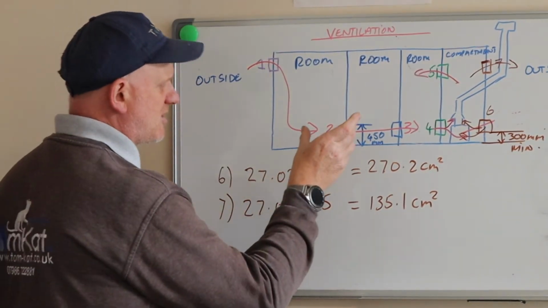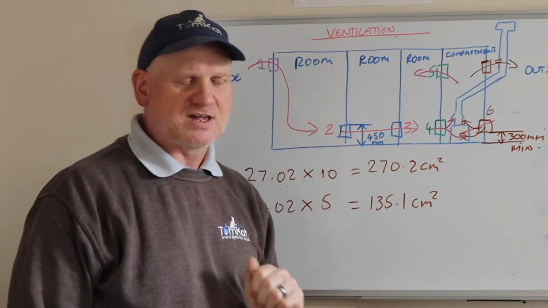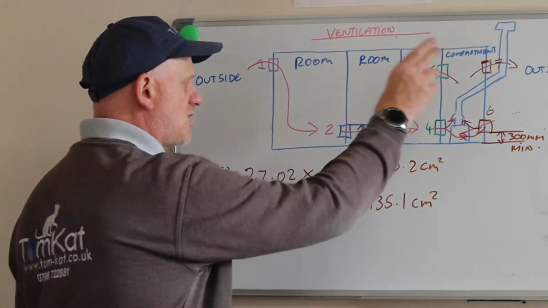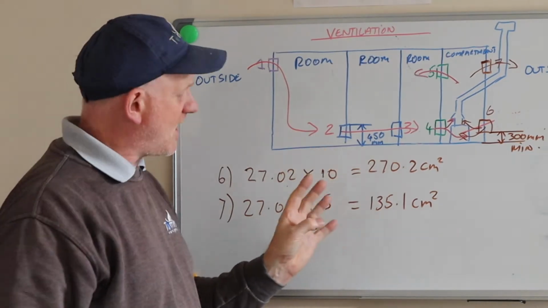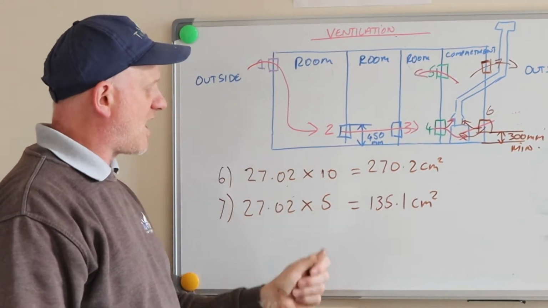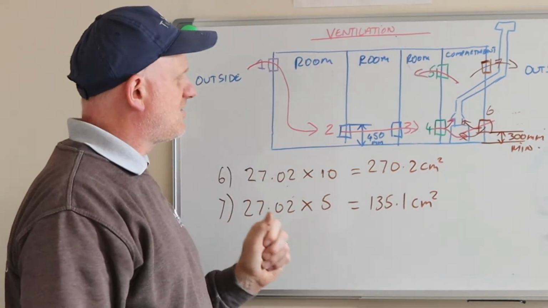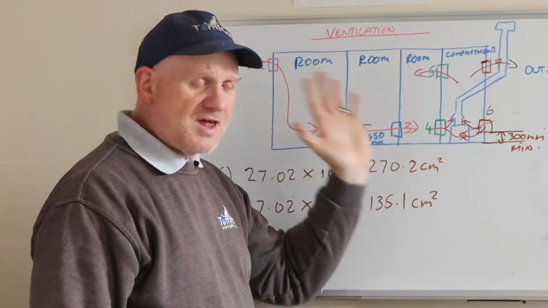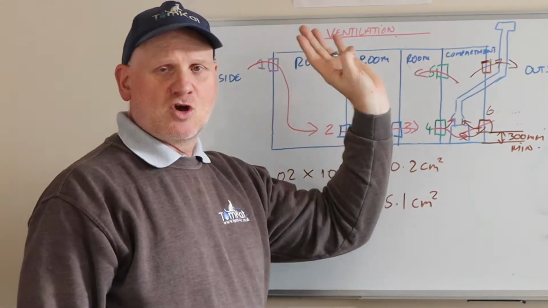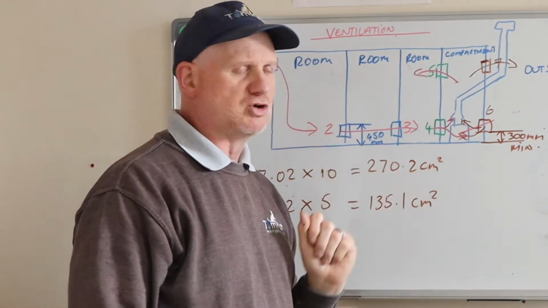This time we're going to times it by 10, which is 270.2 centimetres squared. Then the top vent needs to be half the size, so it'll be 27.02 times 5, which is 135.1 centimetres squared. So that is if the air is coming direct from outside into the compartment for combustion.